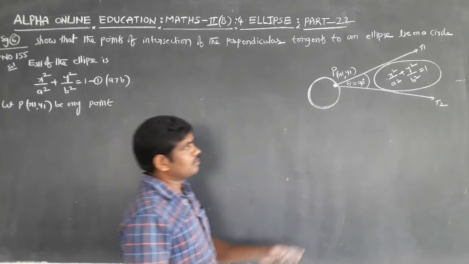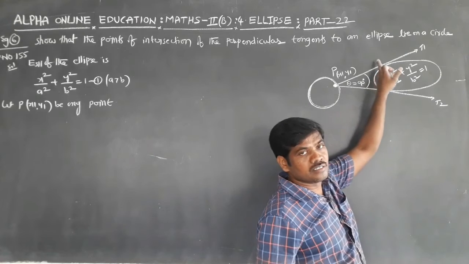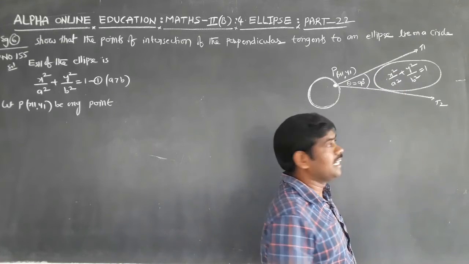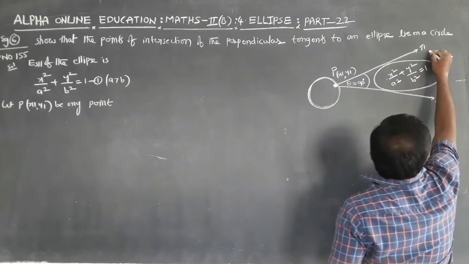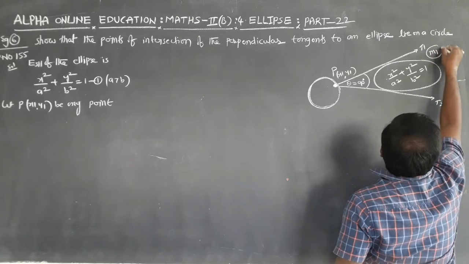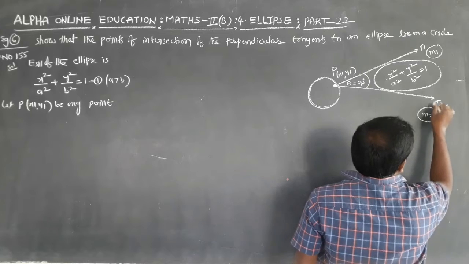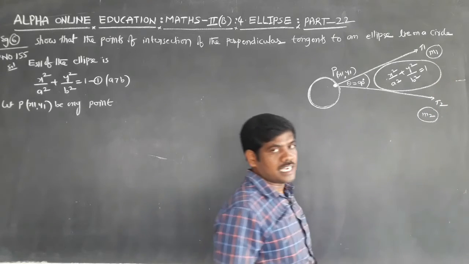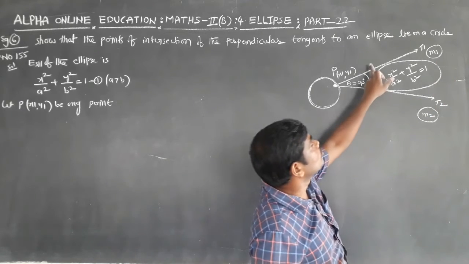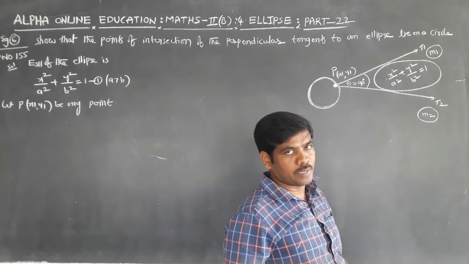Here observe, this is the first tangent, this is the second tangent. Let m1 be the slope of the first tangent, m2 the slope of the second tangent. Here two lines are perpendicular.